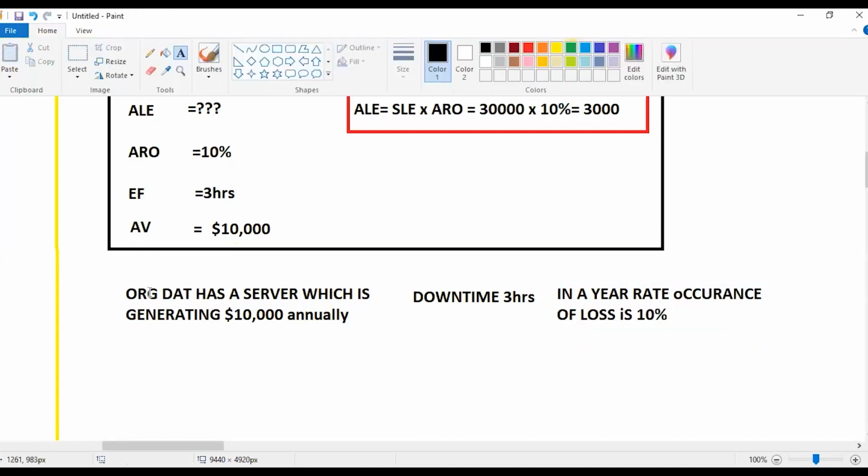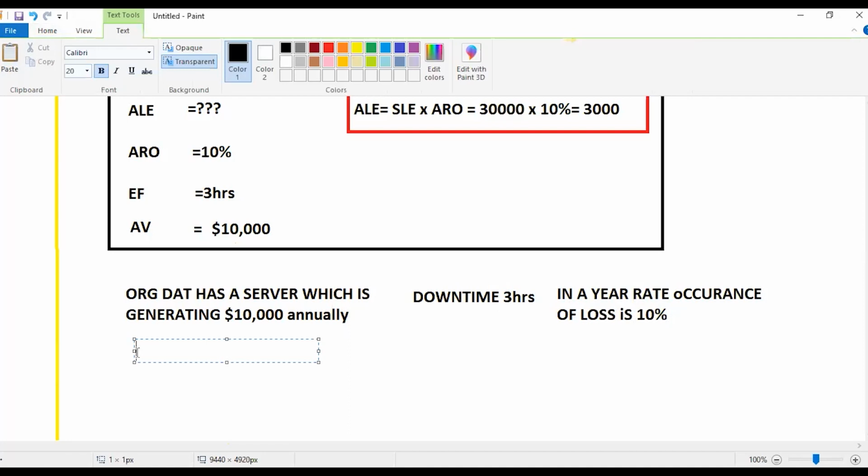So the server is generating 10,000 annually, and one day it faced a downtime of 3 hours, and in a year we face this loss 10% of the time. Now we're gonna be finding the single loss expectancy.